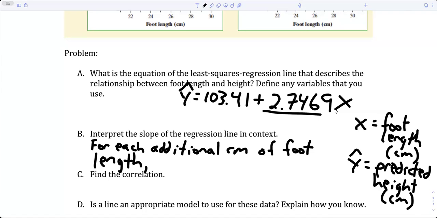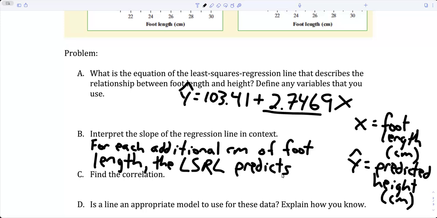Okay. And so interpreting that in context, this means for each additional centimeter of foot length, the least squares regression line predicts. What does it predict?